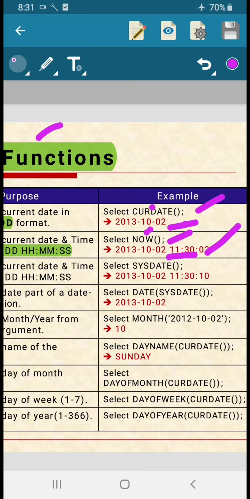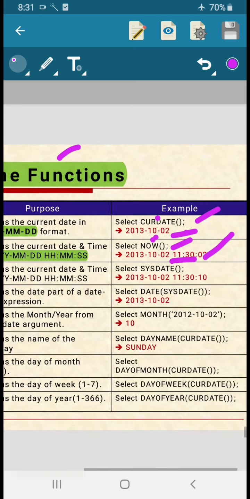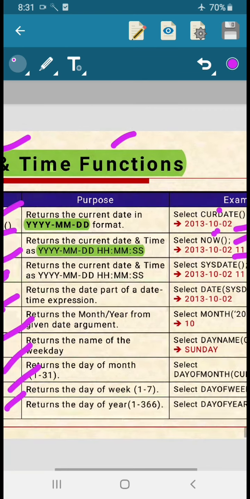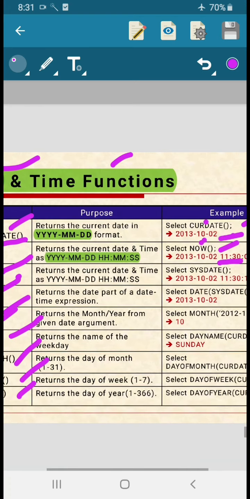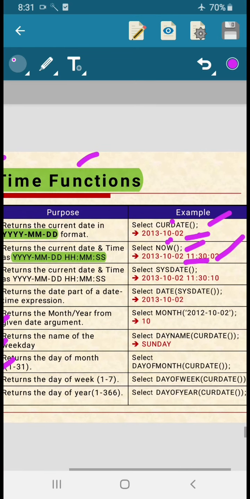Now, like current date, now will display the current date with time. System date is similar, it displays the system date. Returns the current date and time, both act as similar things, right? Okay, next one is select date, sys date. From the system date it is going to display the date.